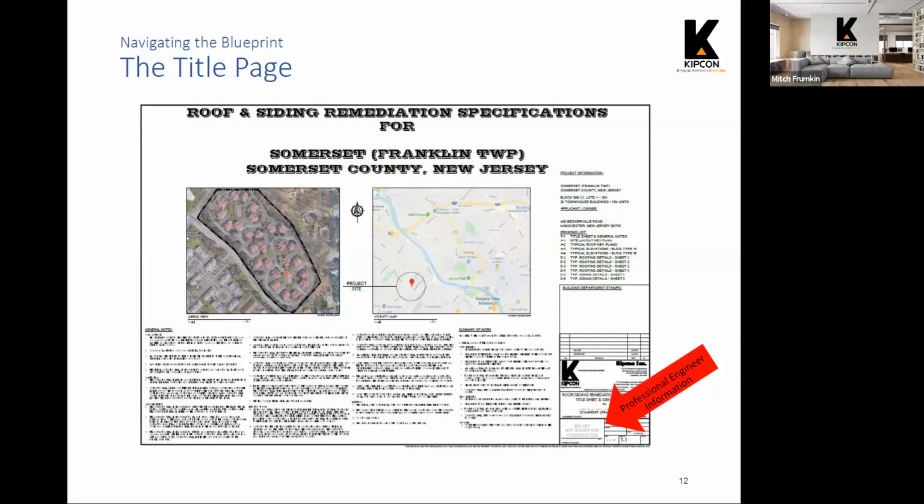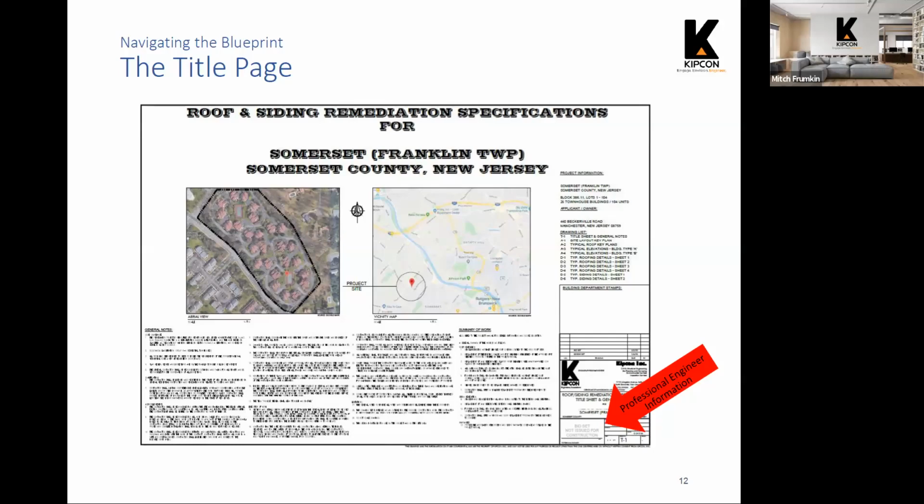Some specifications require a submission to a municipality or to the building official. In the case of a roof and siding project, there are permits that need to be pulled. So a set of plans that's signed by the professional engineer responsible for the design of the project will be signed in this title block here, and the plans will get submitted to the municipality.